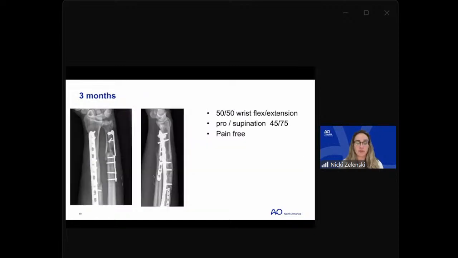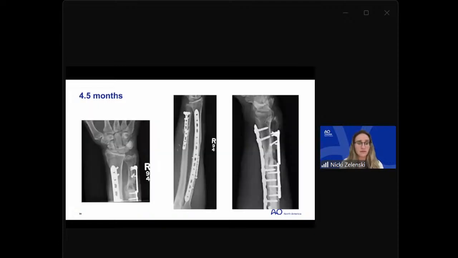Unfortunately, he came back at 3 months, as expected, with that very small plate and the large zone of comminution. That plate broke. He was pain-free at the time. He had relatively good pro-supination. He was very happy. I was not happy. He came back at 4.5 months. He had abundant healing after that plate broke, and he actually did very well.